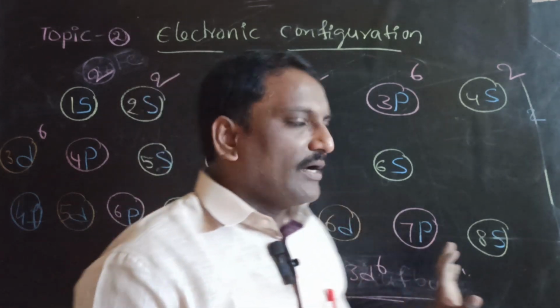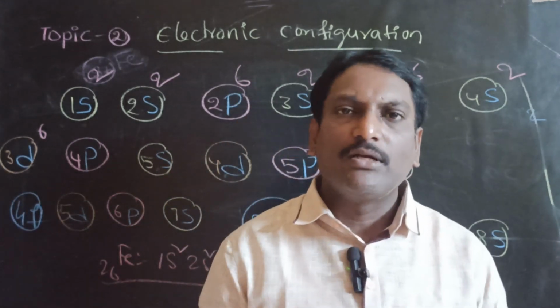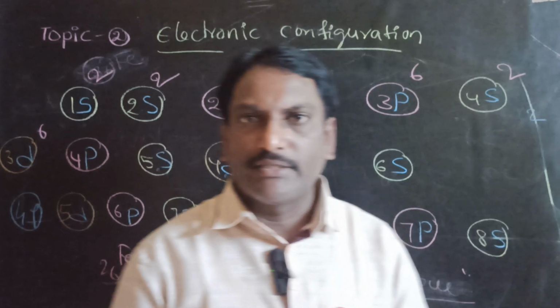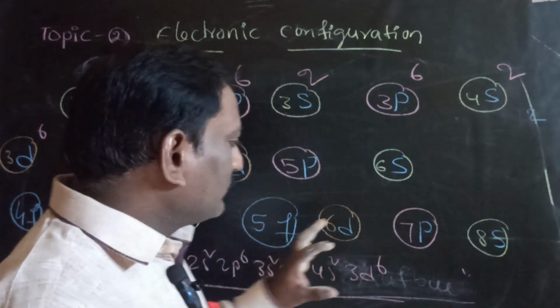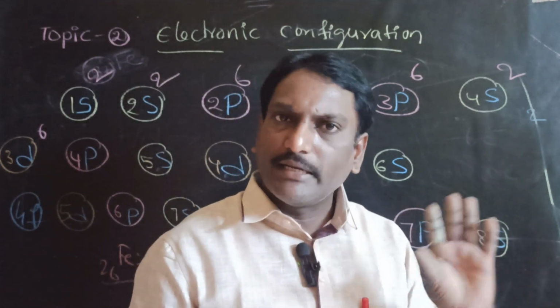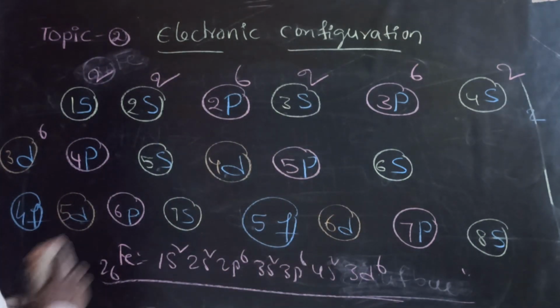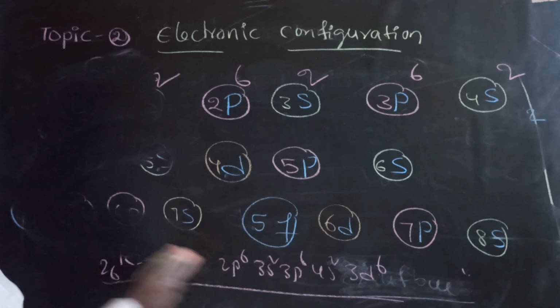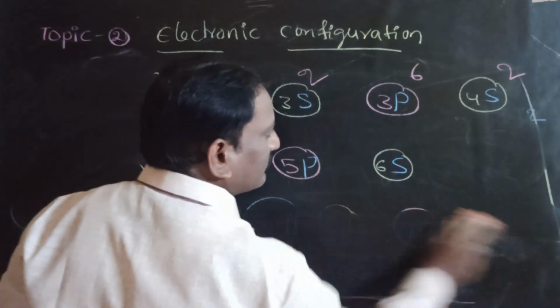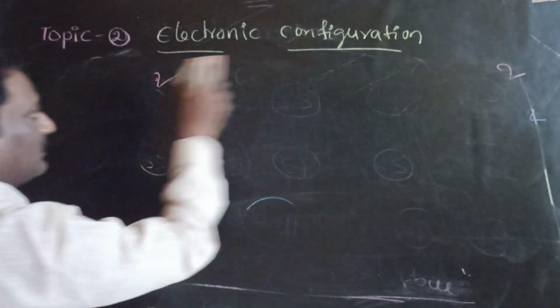If you know these three points, then you will get a clear picture of how to write electronic configuration. I would like to write these three points again on the board. Please copy that.